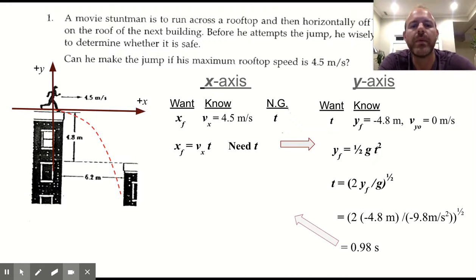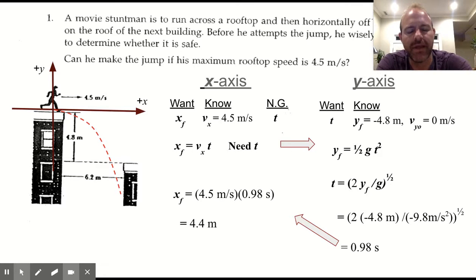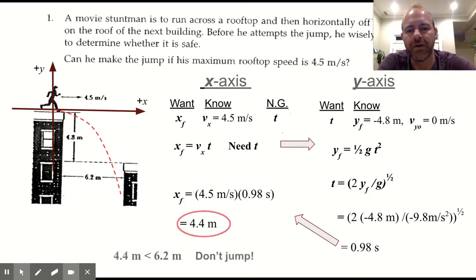Once we know that, we can go back to our x-axis, plug that in, and find that the stuntman will travel 4.4 meters, which is not far enough, right? That's less than the 6.2 they need to make the jump safely.